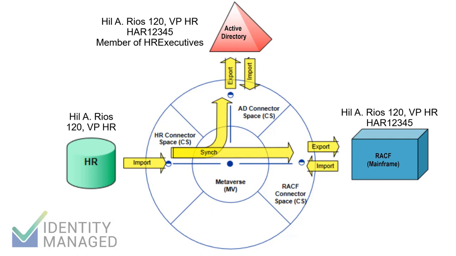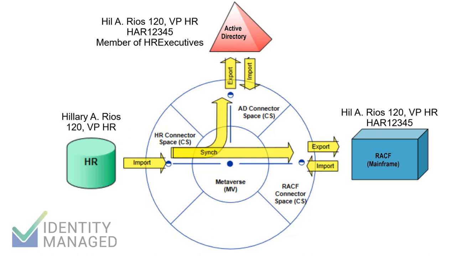On subsequent updates, let's say Hilaria decides to change her preferred name to be Hillary instead of Hilaria, that update would flow from HR into the HR connector space, and then on the synchronization it would flow into the Metaverse, and it would flow out to Active Directory, and if there's an attribute flow for it, it would flow to the RACF connector space.